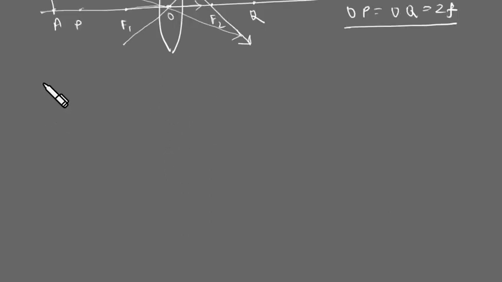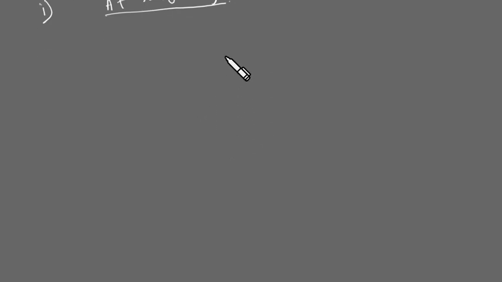Alright, so let's move on to the first condition, where the object is placed at infinity. So this is my convex lens, this is the principal axis, the optical center, and in this case, let's say light comes from the left hand side to the right hand side.